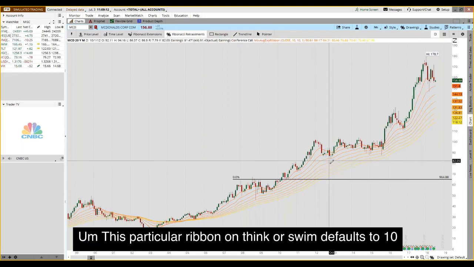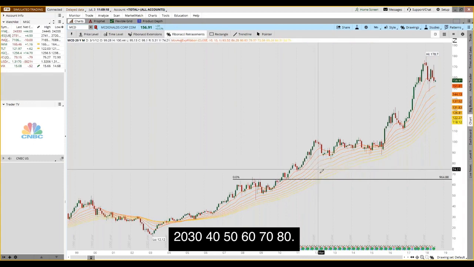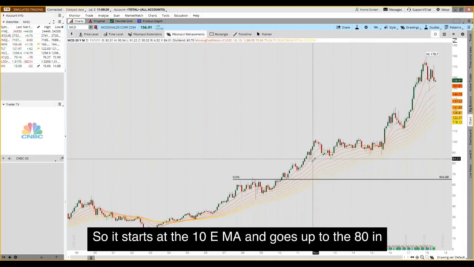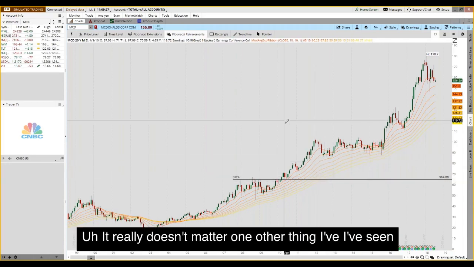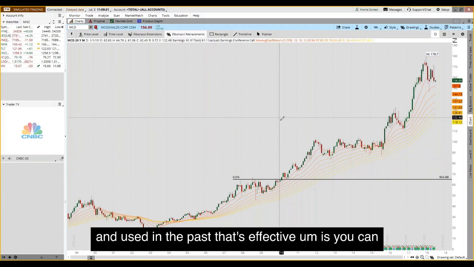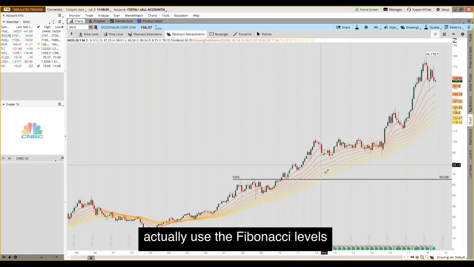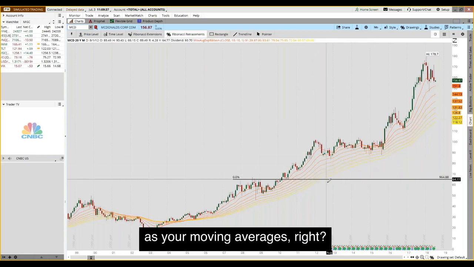This particular ribbon on Thinkorswim defaults to 10, 20, 30, 40, 50, 60, 70, 80. So it starts at the 10 EMA and goes up to the 80 in increments of 10. It really doesn't matter. One other thing I've seen and used in the past that's effective is you can actually use the Fibonacci levels as your moving averages, right?